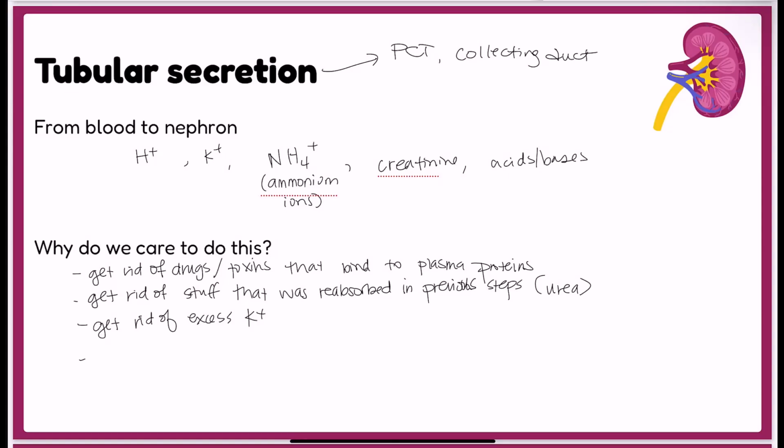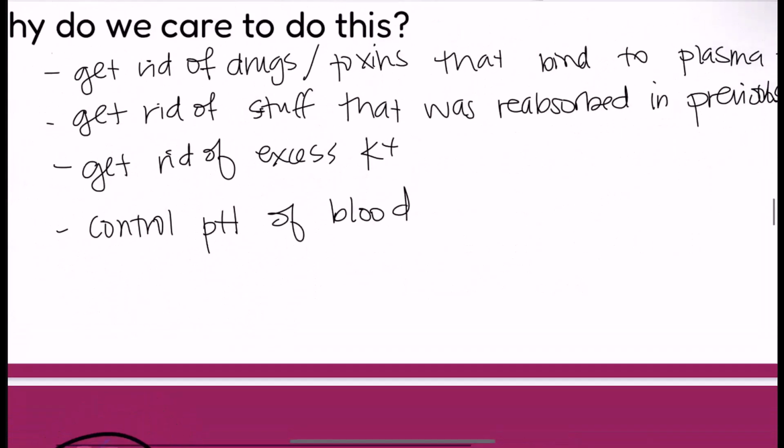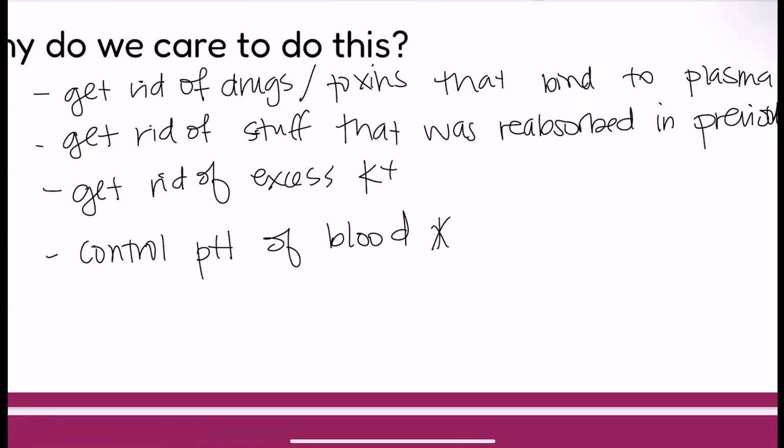But we can also care to do tubular secretion because we can control the pH of the blood. I'll zoom in on this part. I'm going to star this because we're going to come back to it later. But the example that the textbook goes into, if we're too acidic, we want to get rid of some of that acid, right? And where we can get rid of it is in the urine.